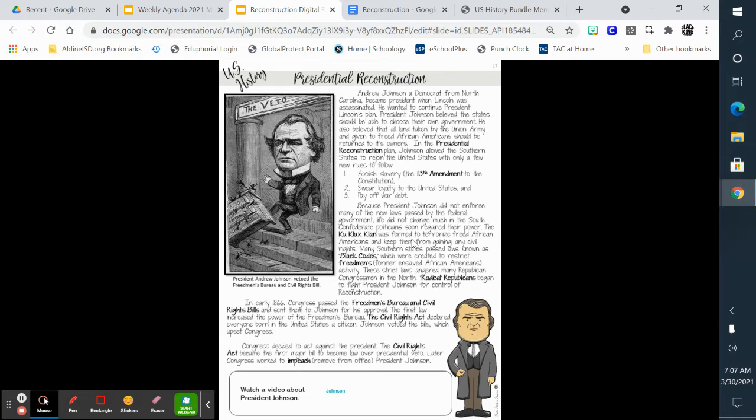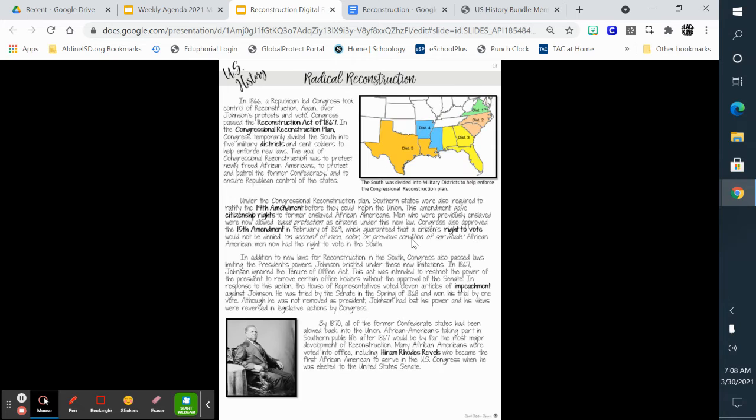Remember, he was not very strong in enforcing the laws that were passed during this time, and so a lot didn't change within the South because of some of the actions he made, or a lack of. He vetoed bills that would have benefited the newly freed African Americans in America at that time.